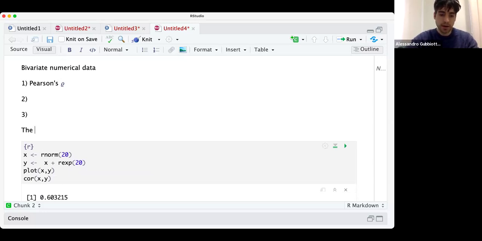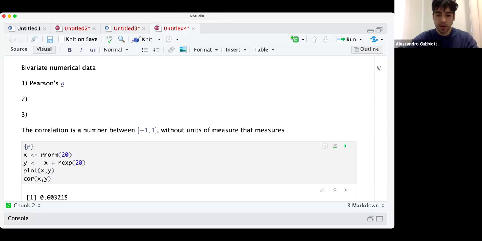So the correlation is a number between -1 and 1 without units of measure that measures if the two variables behave in the same or in opposite way.